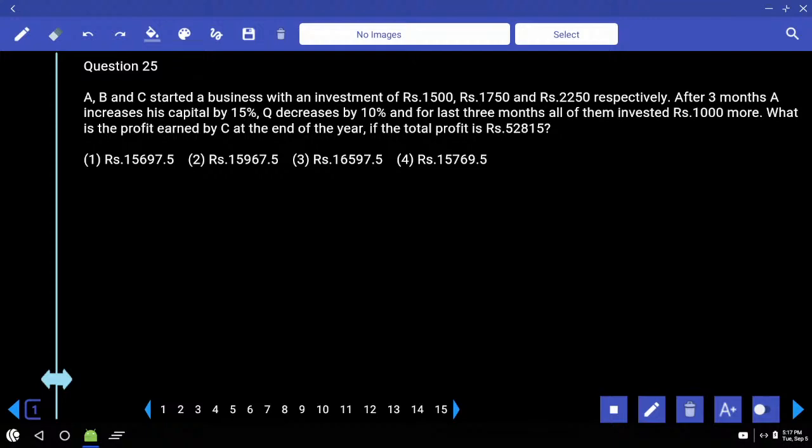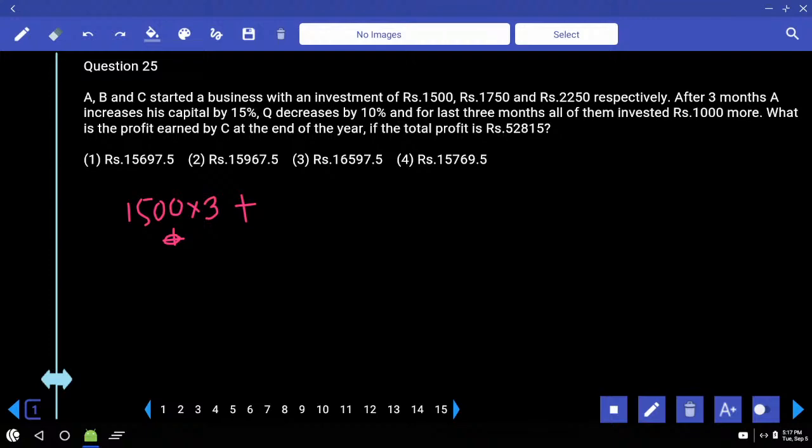హియర్ ABC started a business with an investment 1500. After 3 months 1500 into 3 plus 1500 into 3 plus increase capital by 15%.